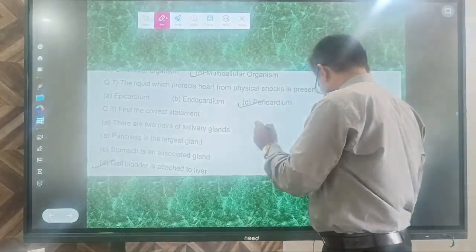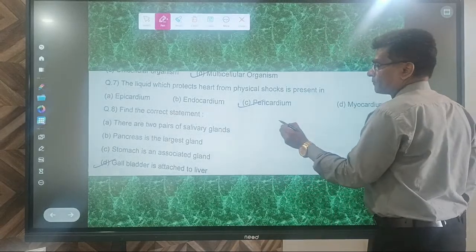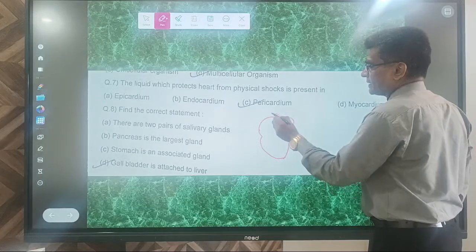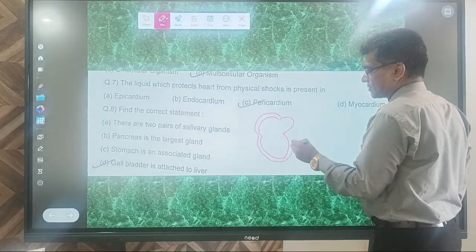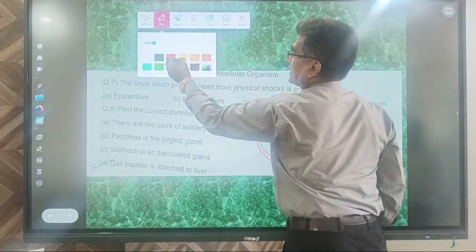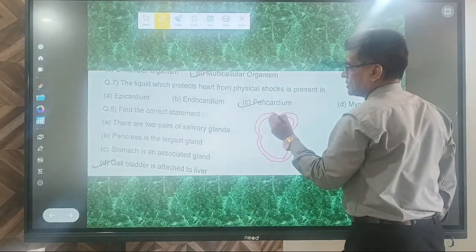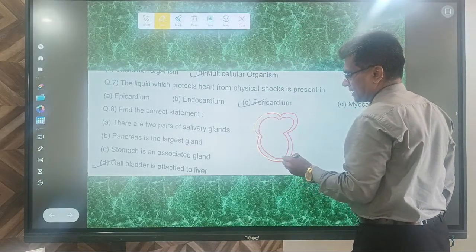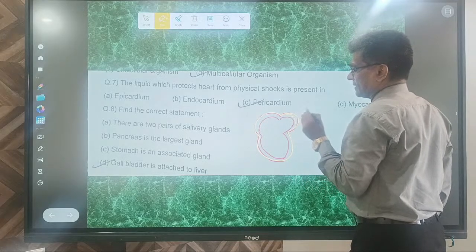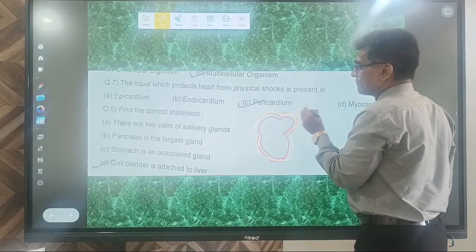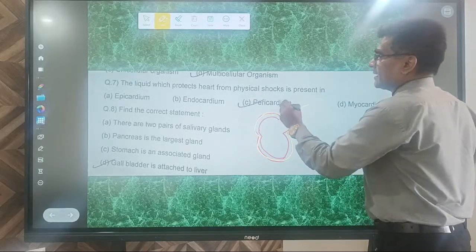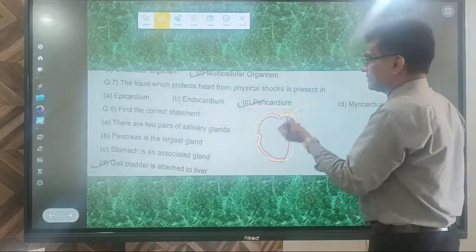So I had mentioned during my lecture कि अगर हम हार्ट को देखेंगे तो हार्ट is entirely covered with a double membrane bag like structure, and that is called pericardium. तो यहाँ पर मैं कलर चेंज कर देता हूँ. तो ये बाहर का कवरिंग होता है और ये डबल लेयर्ड होता है, और डबल लेयर होने के कारण इसके बीच में गैप होता है, that is called pericardial space, और इसमें एक फ्लूइड होता है. तो यहाँ पर जो ये सैक लाइक स्ट्रक्चर है that is pericardium. और इसके अंदर वो फ्लूइड होता है.